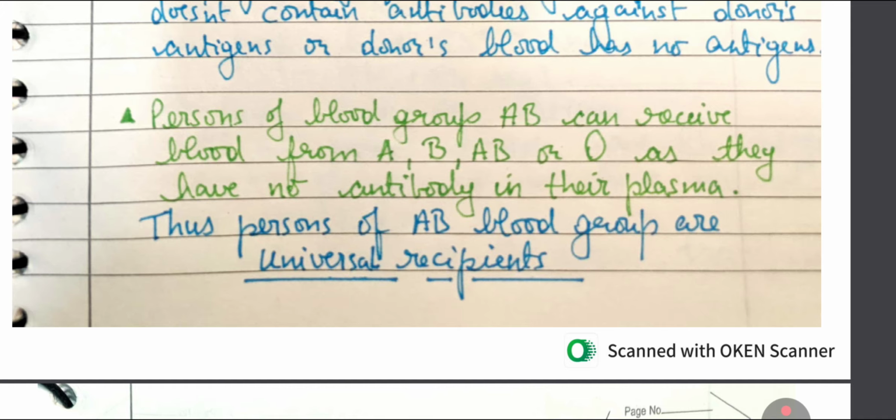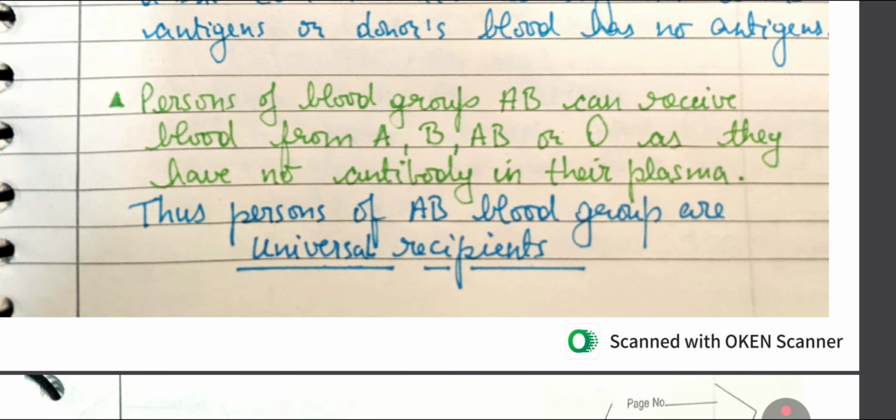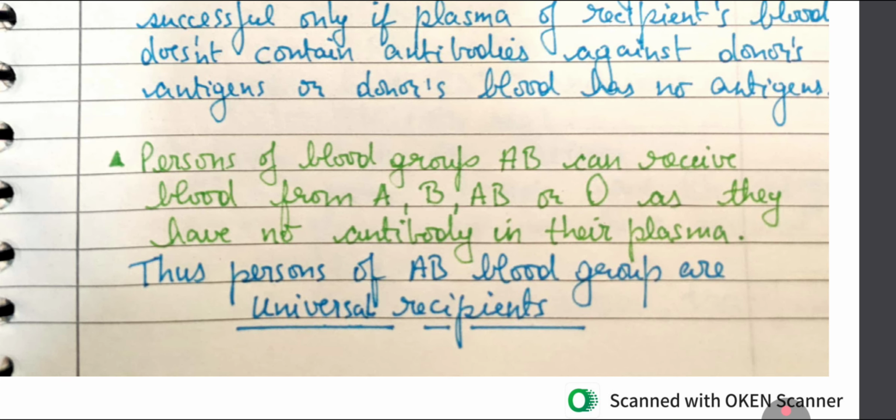Okay, so persons of blood group AB have no antibodies in their plasma. This is a very important point, and that's why they can receive blood from all the four blood groups. Thus, persons of AB blood group are universal recipients, that is, that they can receive the blood safely.